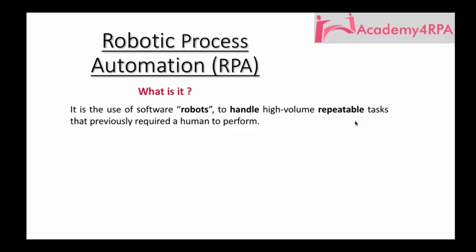So in those tasks which needed human effort, a robot or software can do the same. Basically, robotic process automation is a solution in which a robot can take over standard and repetitive activities that are currently carried out by humans.